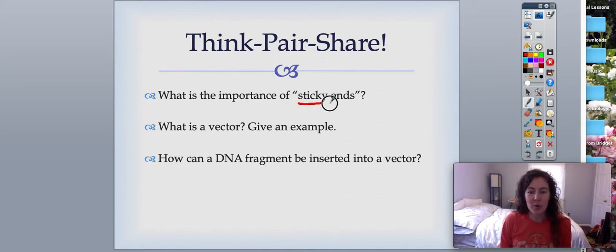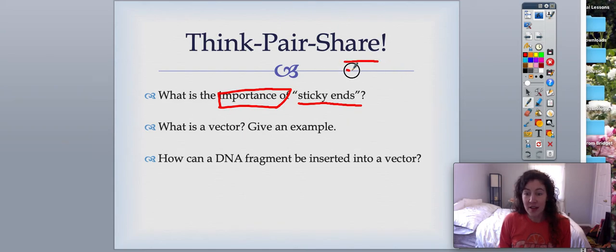So what was the importance of sticky ends? If you recall, there were several things that were important about sticky ends. First, you have to have a double-stranded piece of DNA that has a sticky end, and another piece of DNA with a matching sticky end.